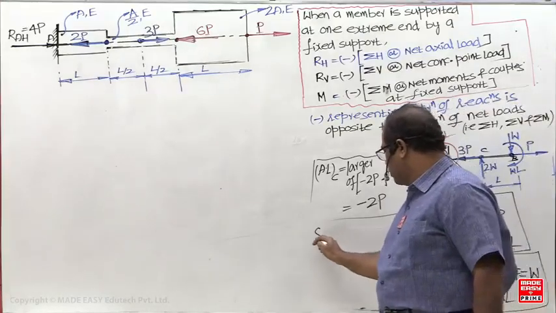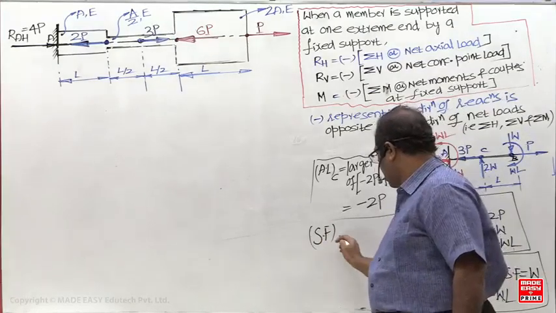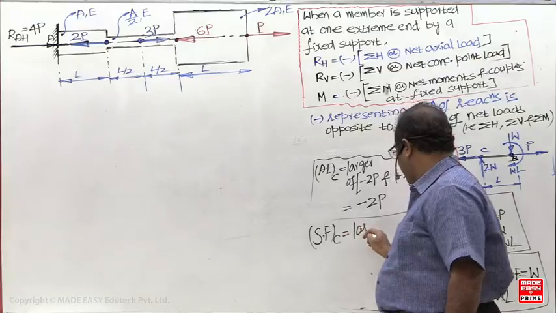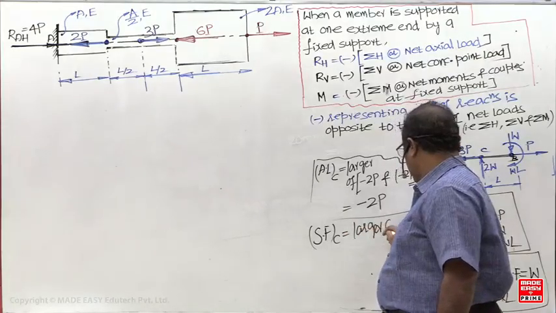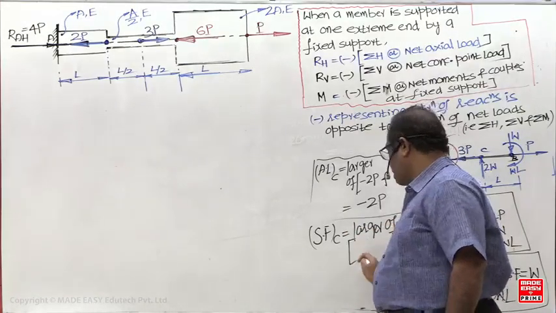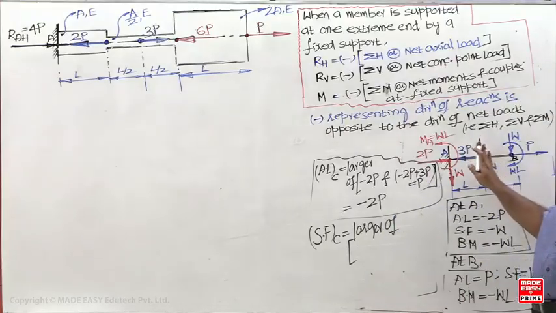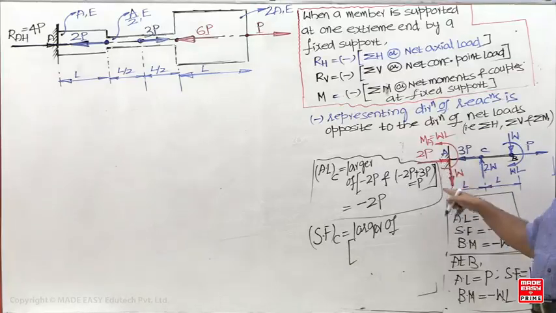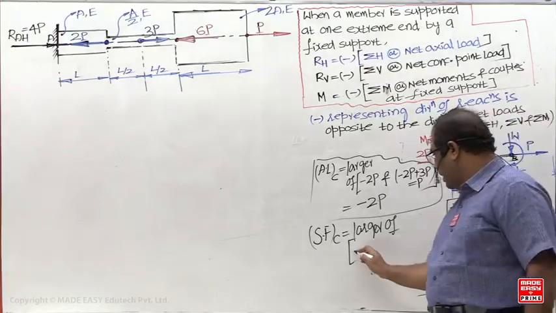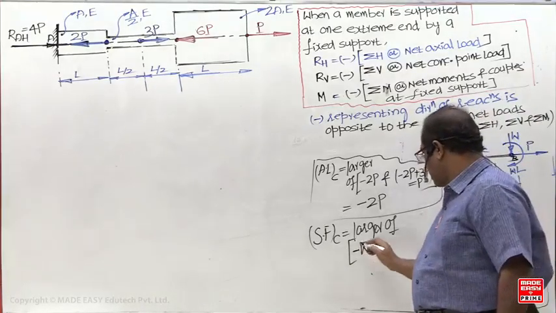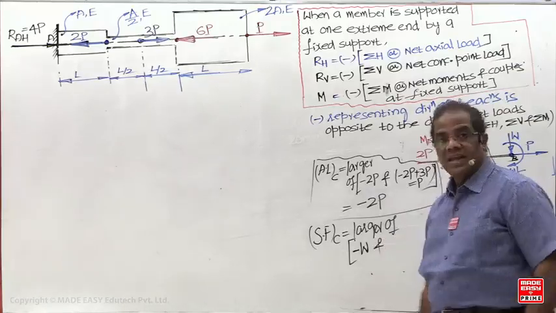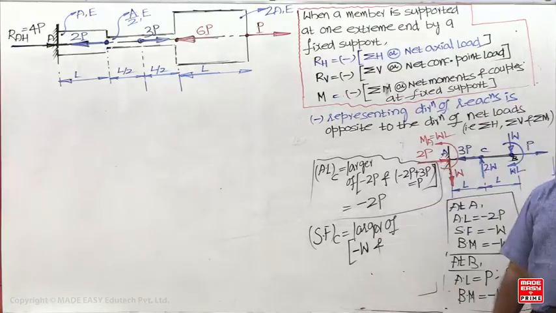Then what about the shear force here? Neglect this W, neglect this constant point load. If you neglect it, taking the left side, left side downward is negative, so minus W. Then constrain.